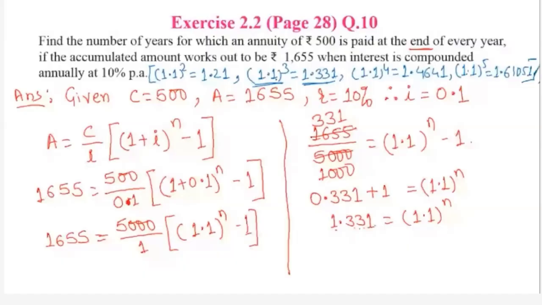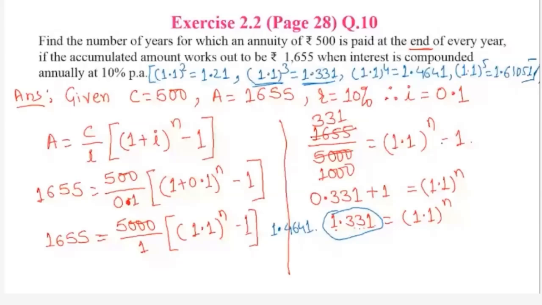Suppose this value is 1.4641. Then look above: 1.4641 is raised to 4. So n will be 4 in that case.